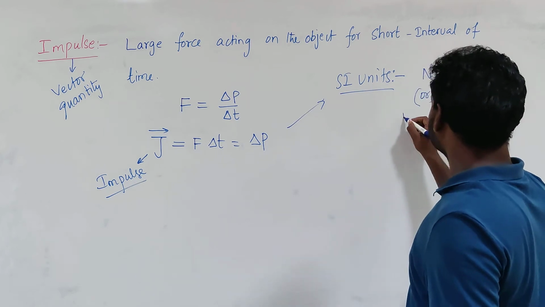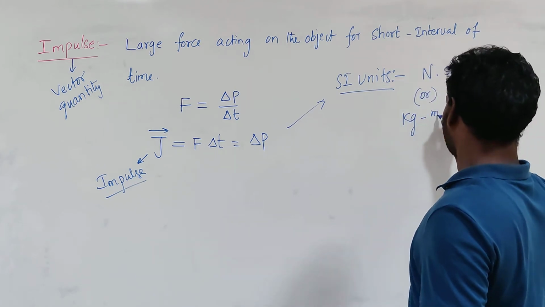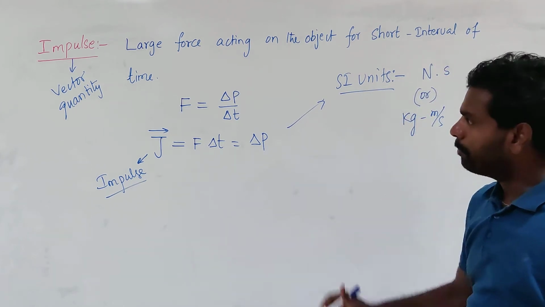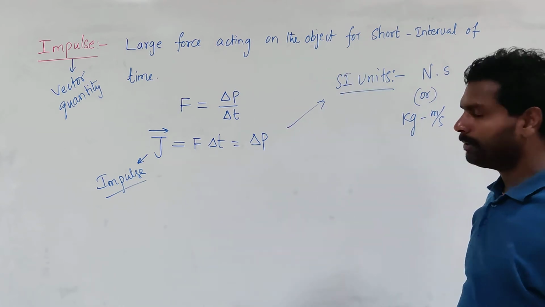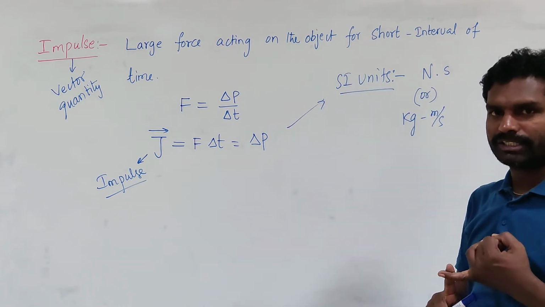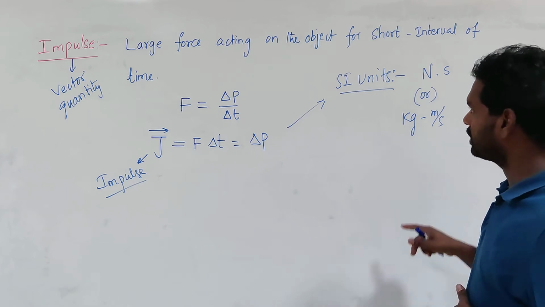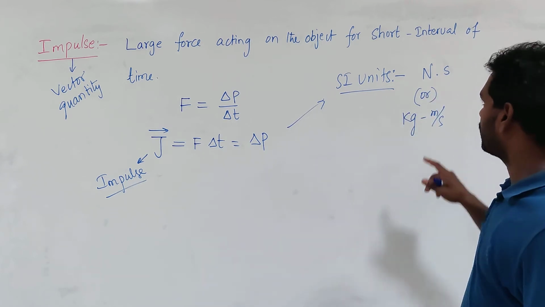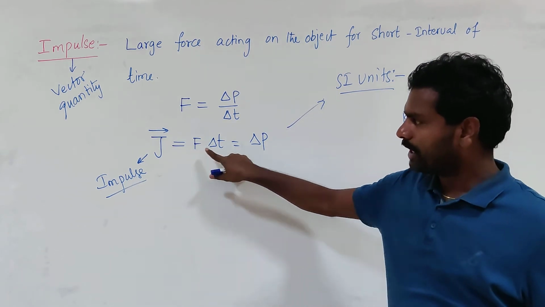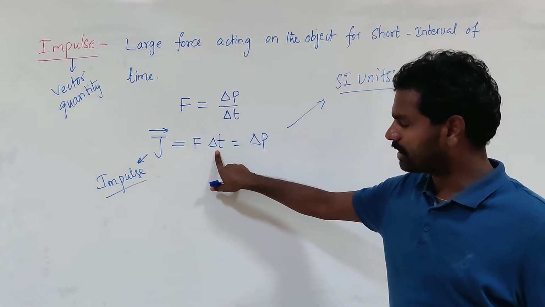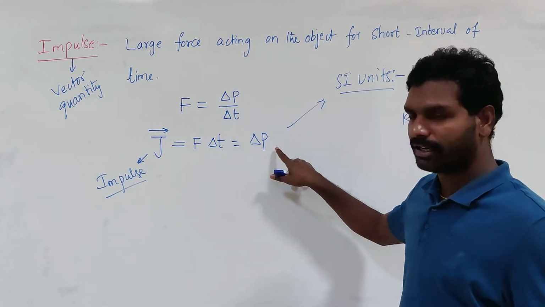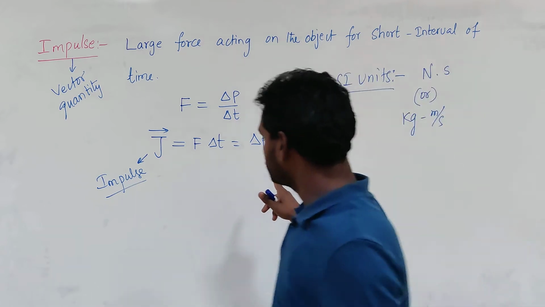Momentum units are kg meter per second. Impulse and momentum have the same set of units, or the same dimensions. So the SI units of impulse are Newton second or kg meter per second.